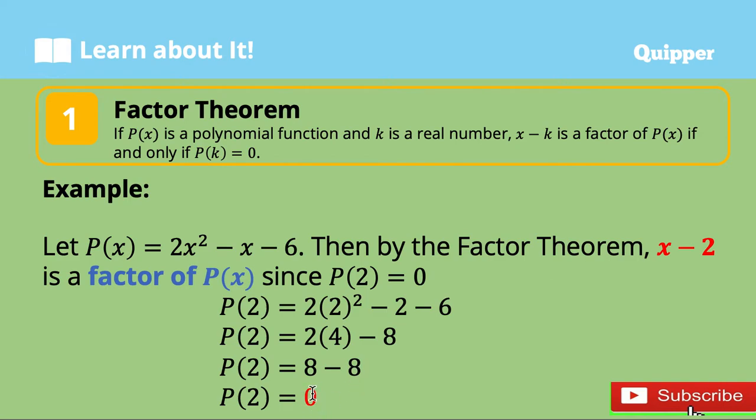Since there is no remainder, take note that I am using the idea of the remainder theorem here. Since p of 2 is equal to 0, then x minus 2, which is the divisor, is a factor of the given p of x.